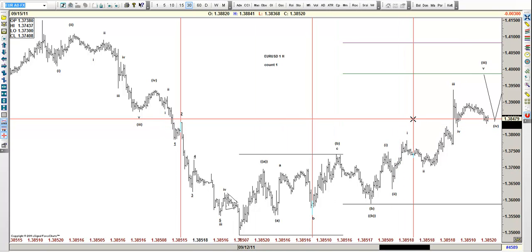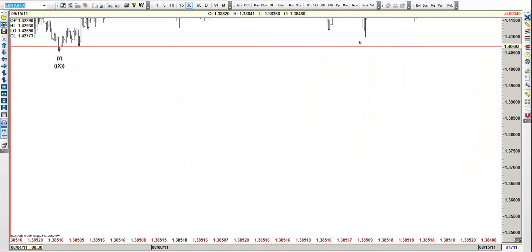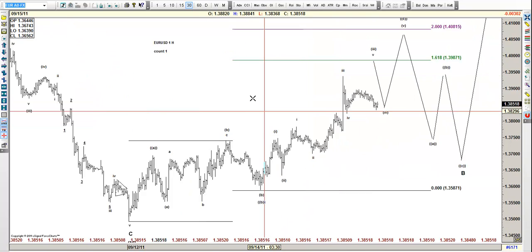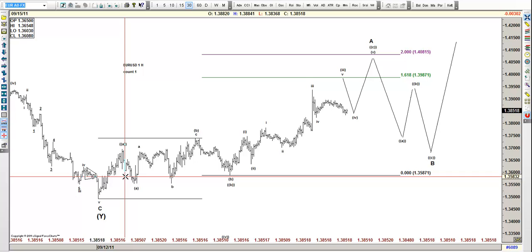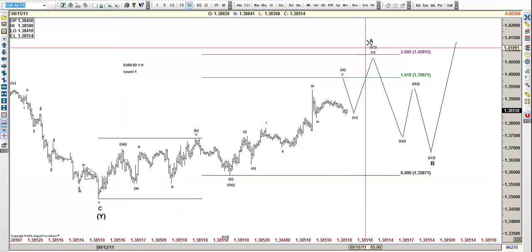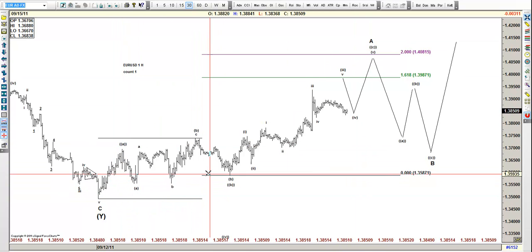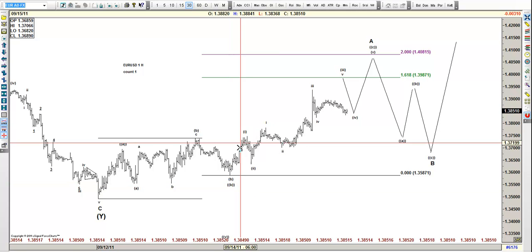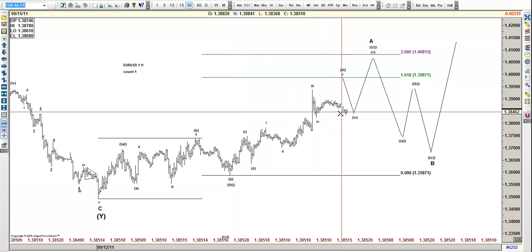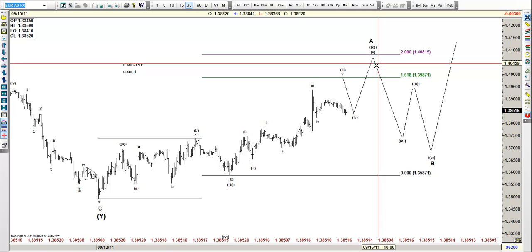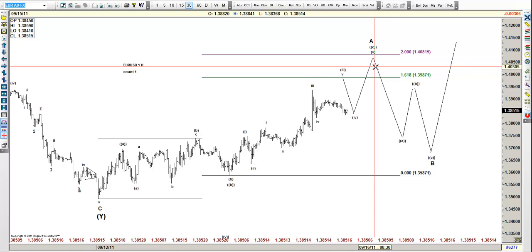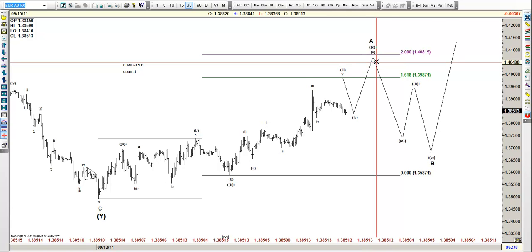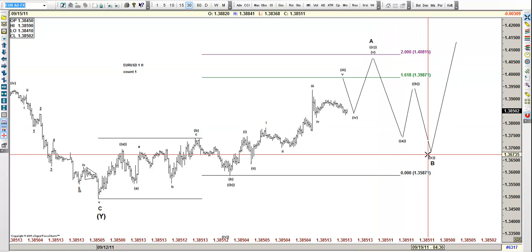So our first scenario is this one. Both scenarios are presented on the servers. The first one is calling a type of flat wave A, when you got a B, and then 1 2 1 2 3 4. And that's going to take the dollar in the first leg to around the 140, 140.20 area, and then from there it's going to go lower. That's a flat.